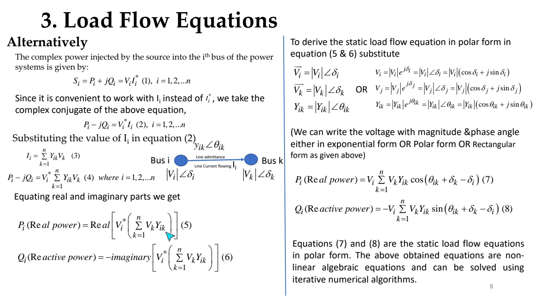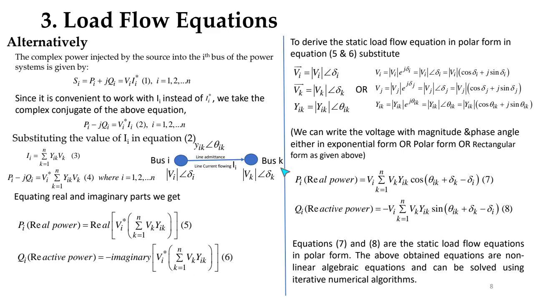From this equation, we can directly take the real and imaginary parts. Instead of taking delta i minus delta k, we can just use the real part of Vi conjugate times the summation k equal to 1 to n of Yik Vk, and for complex power we can take the minus imaginary part of the same expression, Vi conjugate times the summation k equal to 1 to n of Yik times Vk.